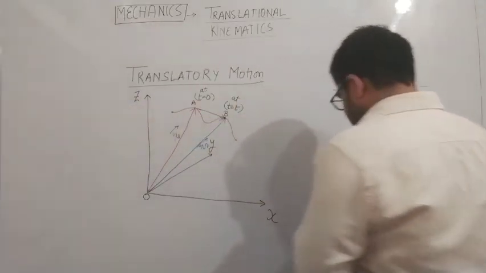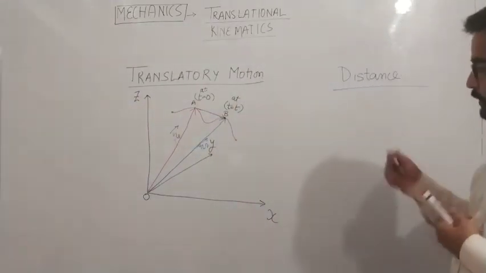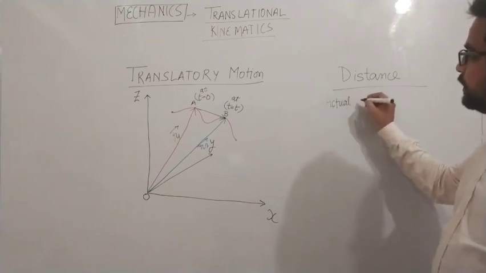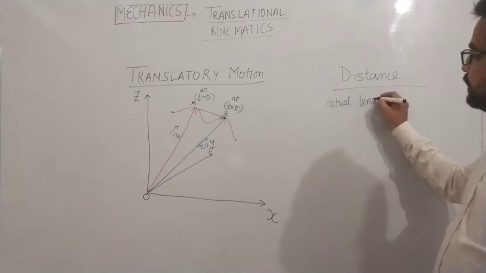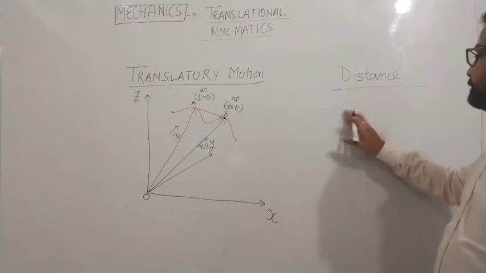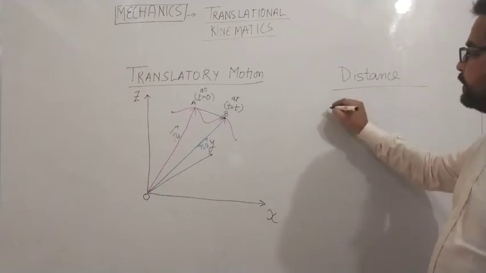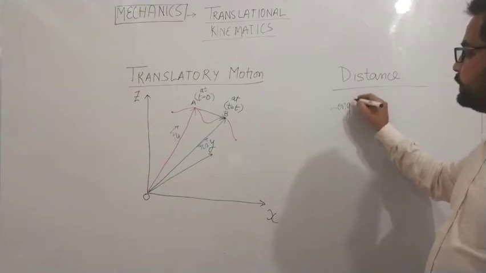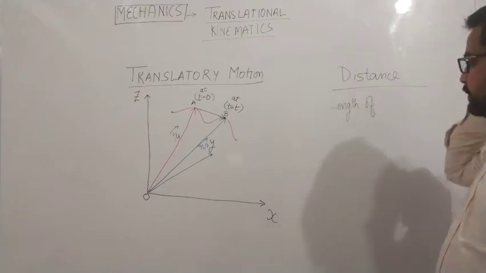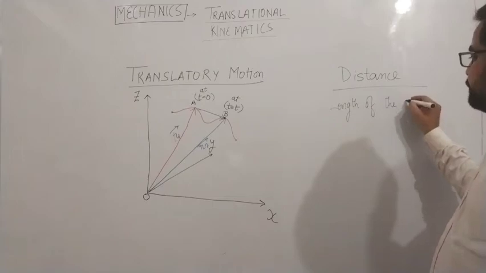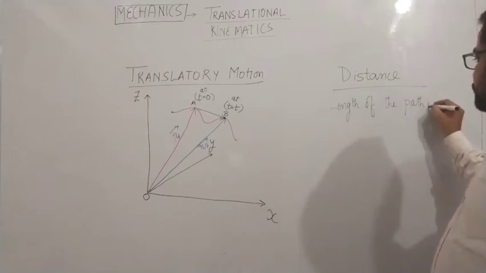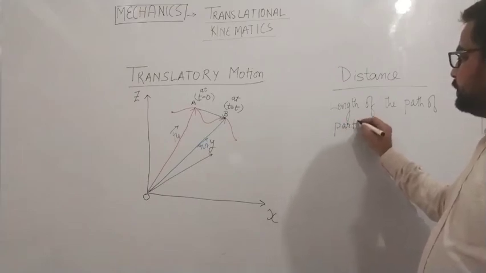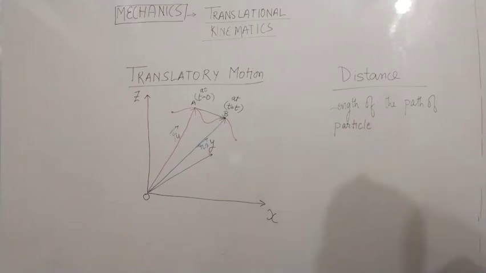Distance is the actual length of the path, the length of the path of the particle.